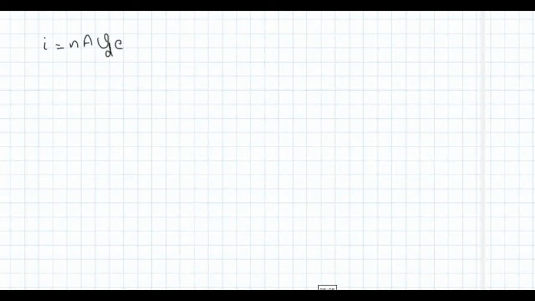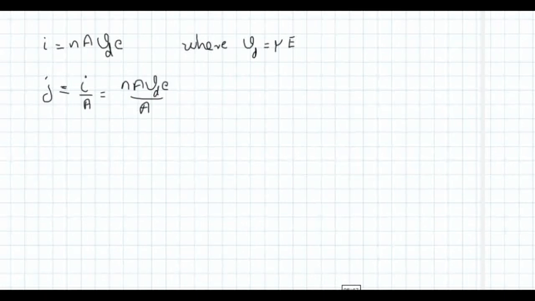Okay, now we have I is equal to nAVd from the discussion, where Vd represents the drift velocity, which is given by Vd is equal to mu into E. Now what is current density? Current density is equal to I by A by definition, and what is I?